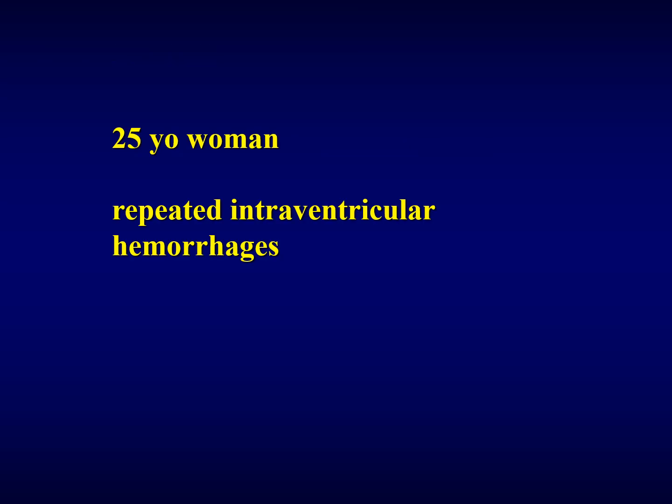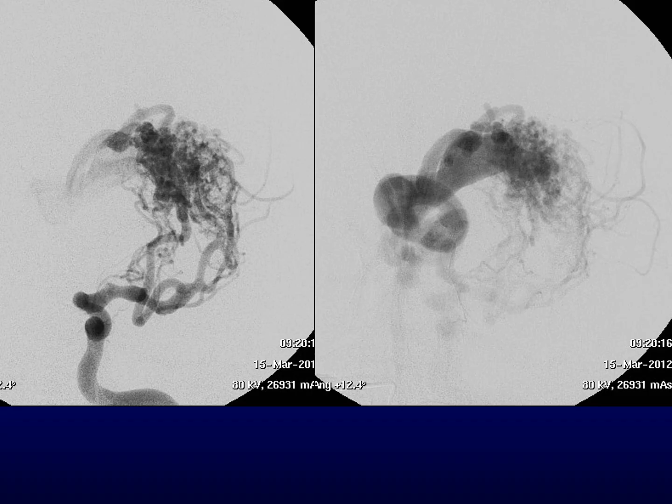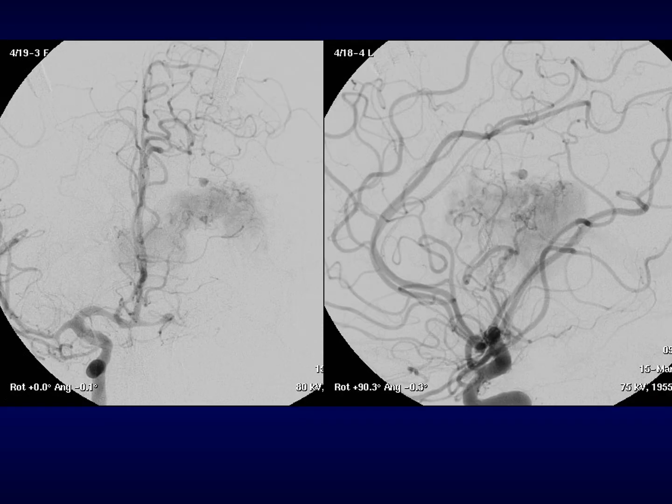As an example, this is a 25-year-old woman with repeated intraventricular hemorrhages that comes to us after some days, and you can see here the remaining blood in the ventricular system. This is the AVM, a very high flow, ugly looking AVM in the frontal lobe of the left side.